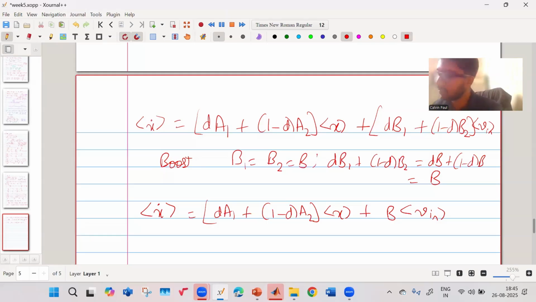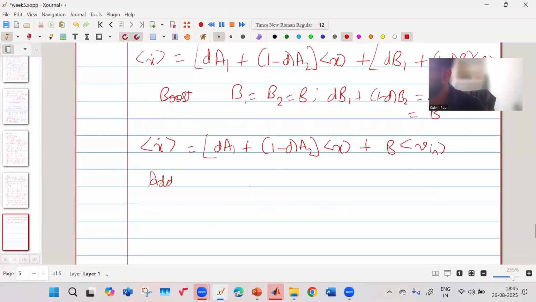Now what we will do is we will add the perturbations. So we replace the average x by its steady state DC operating point plus the perturbation in x.